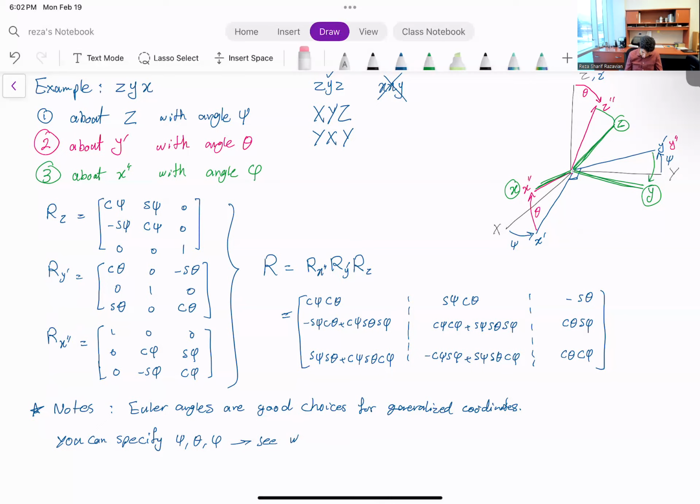Or let me write it this way: get rotation matrix, get rotation in general. You can specify what rotation you want in terms of these Euler angles.